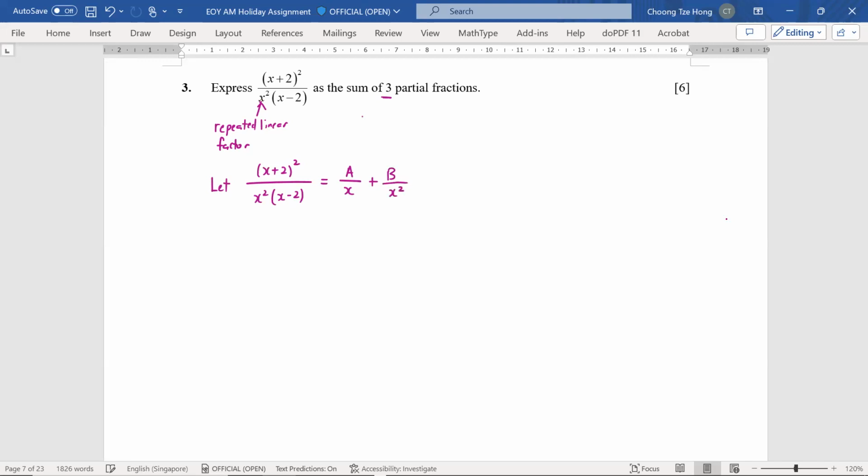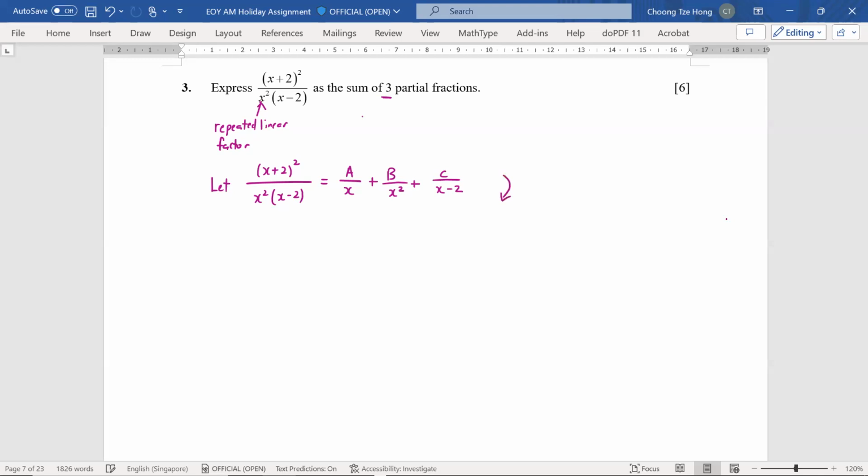This is how you break up repeated linear factors. And then the third one will be c over x − 2. For repeated linear factors, it's actually rather easy. So we break up into three partial fractions, and that's why they ask you to express as a sum of three partial fractions. How are we going to solve for a, b, and c?